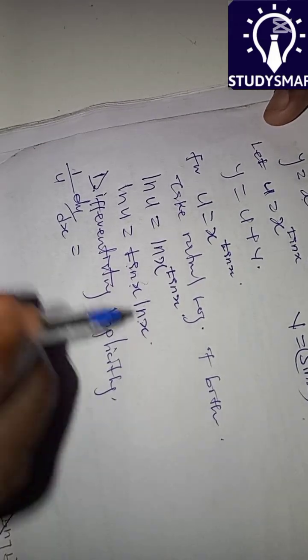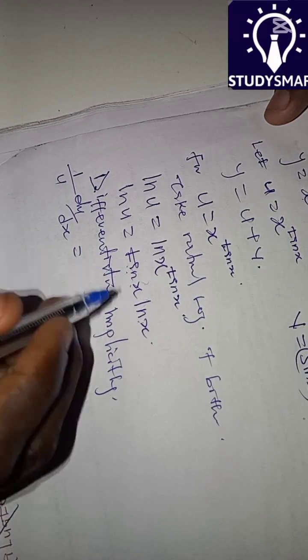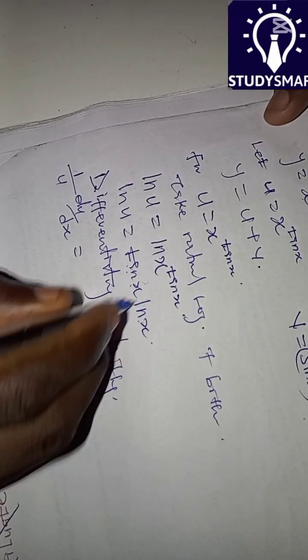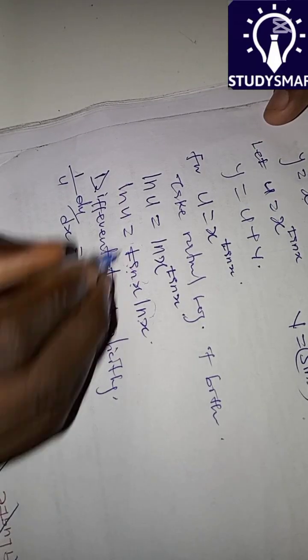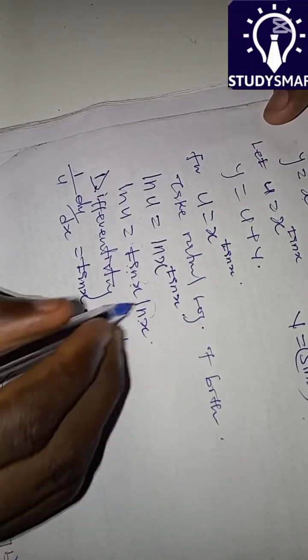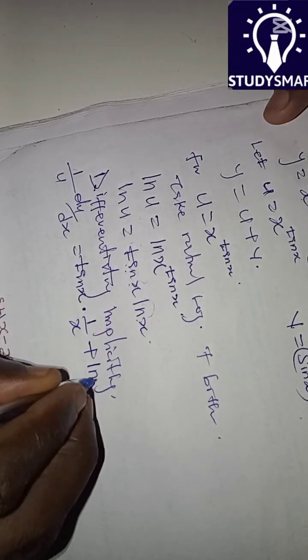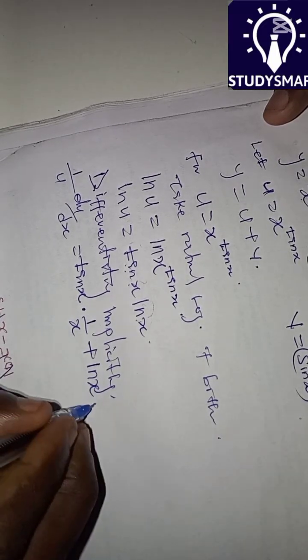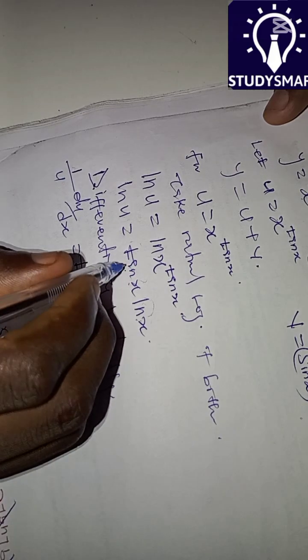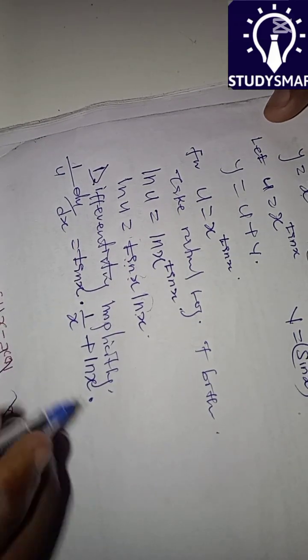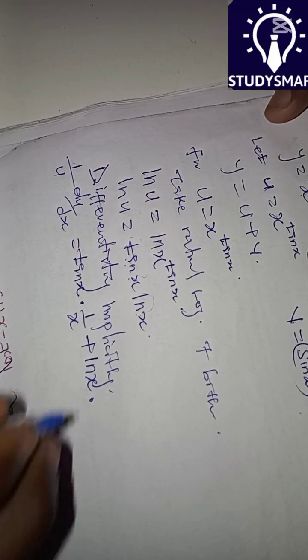From the product rule, it is the first times the differential of the second, plus the second times the differential of the first. So tan x multiplied by 1 over x, plus ln x times the differential of tan x, which is sec squared x.